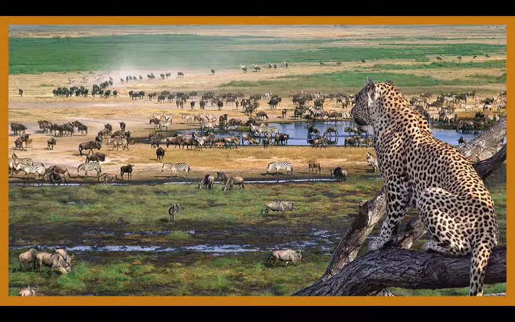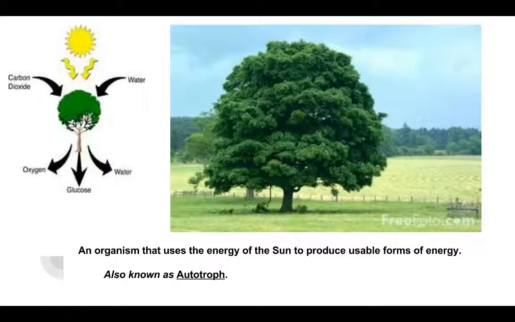If we take an example like the Serengeti Plain in East Africa, you have the plants that are there absorbing the energy from the sun, using that water, which in turn the wildebeest, the zebras, are taking that energy that was produced by the sun through the plants and are now eaten by those herbivores, which in turn we have this cheetah here waiting, which will eventually prey on one of those animals. So it's this whole system which we're going to look at today.